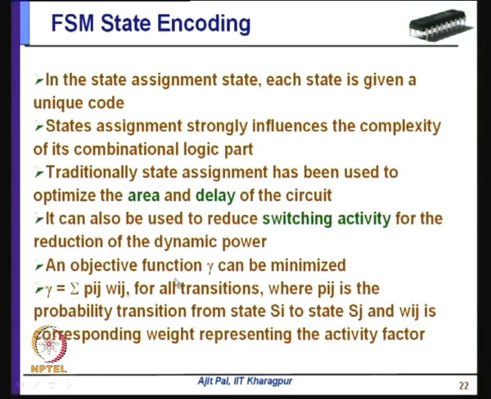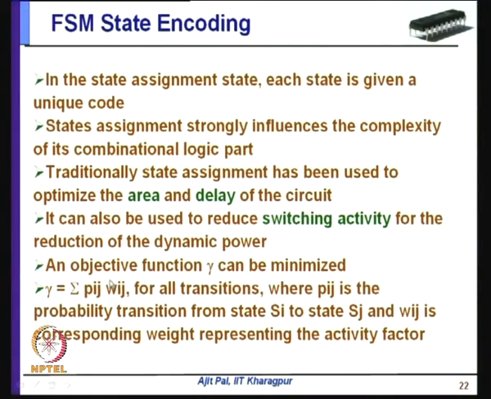So, an objective function gamma is minimized, where gamma is equal to the summation of Pij into Wij for all transitions, where Pij is the probability of transition from state Si to state Sj, and Wij corresponds to the weight corresponding to the activity factor. Here the basic idea is, as we go from one state to another state, there is a bit transition.